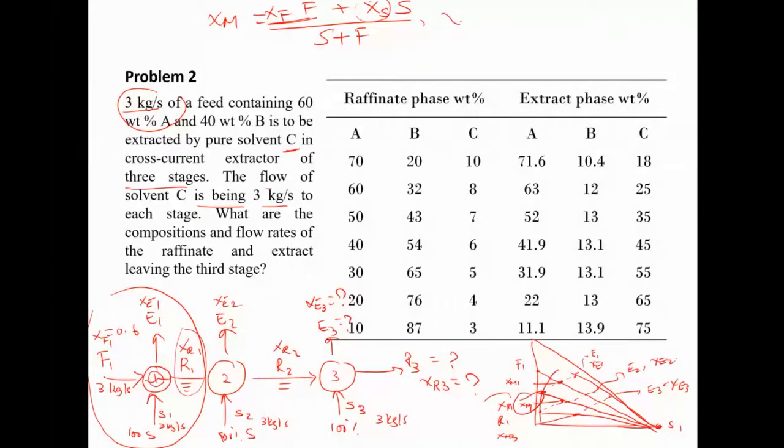So here we can say XM2 will be XR1 multiplied by R1 plus XS multiplied by S, over R1 plus S. And XM3 is going to be related to XR2 and R2, so XM3 will be XR2 multiplied by R2 plus XS multiplied by S, divided by R2 plus S.